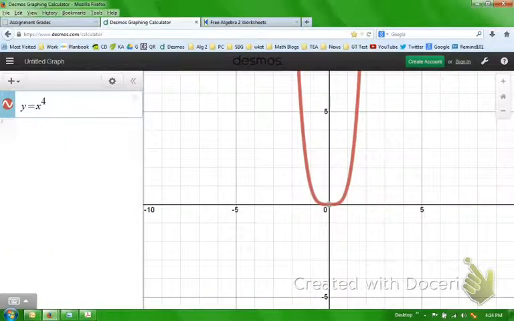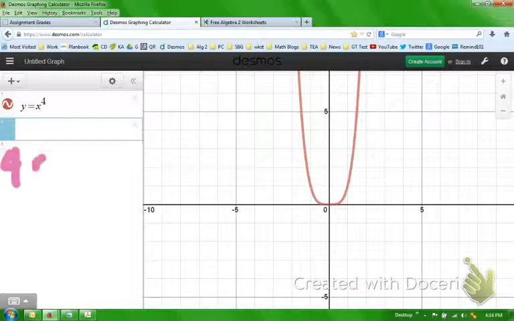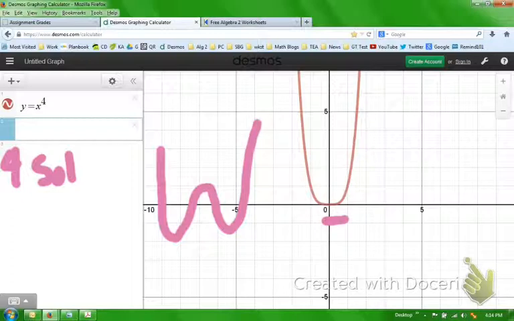All right, we're into a 4th degree, and these get interesting because they can look really different. This is a 4th degree, so it can have at most 4 solutions. Now, the way it's written here, it's flat right here through the middle. However, you'll often see these graphs so they look like this.